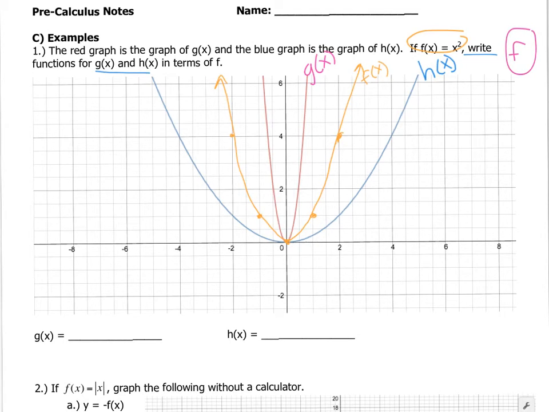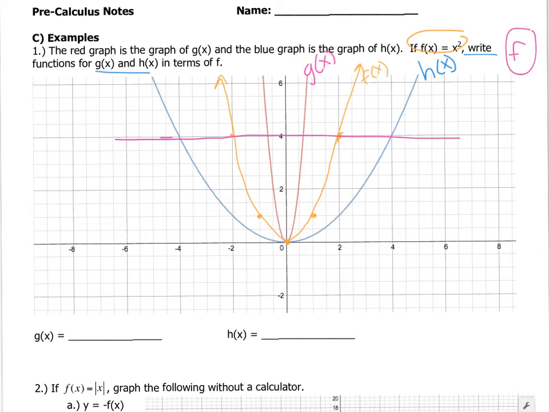I want us to focus primarily on these y values when y is 4. So horizontally, we're changing the x values.